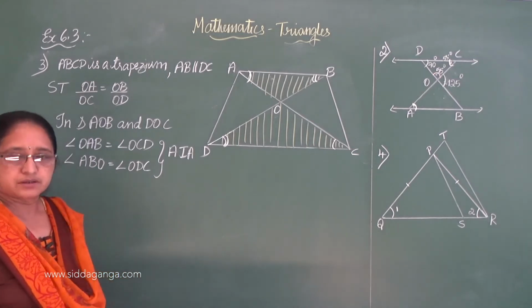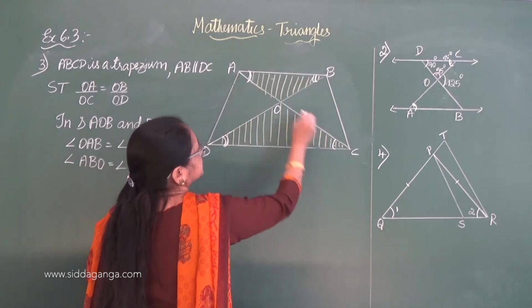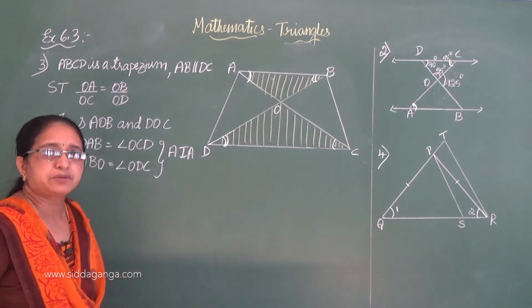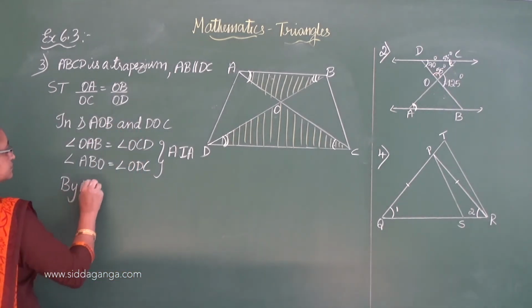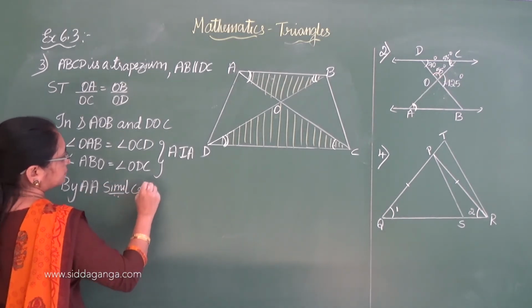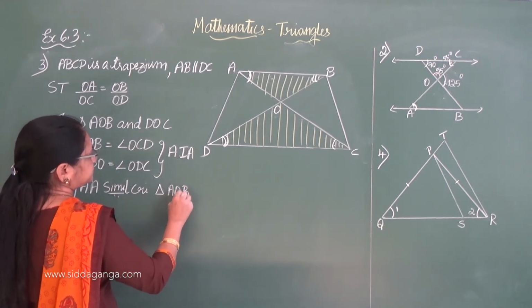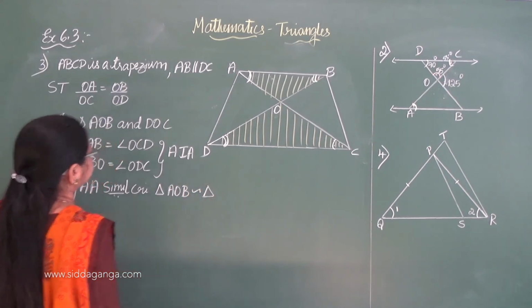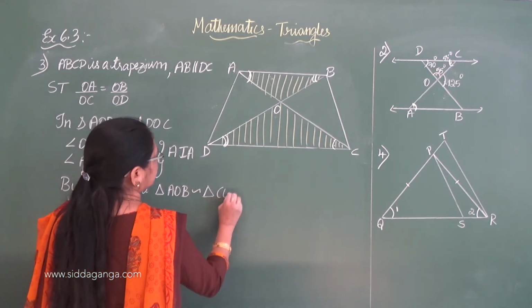So in these two triangles, corresponding two angles are equal. So can we apply the AA criteria? By AA similarity criteria, triangle AOB is similar to triangle COD.